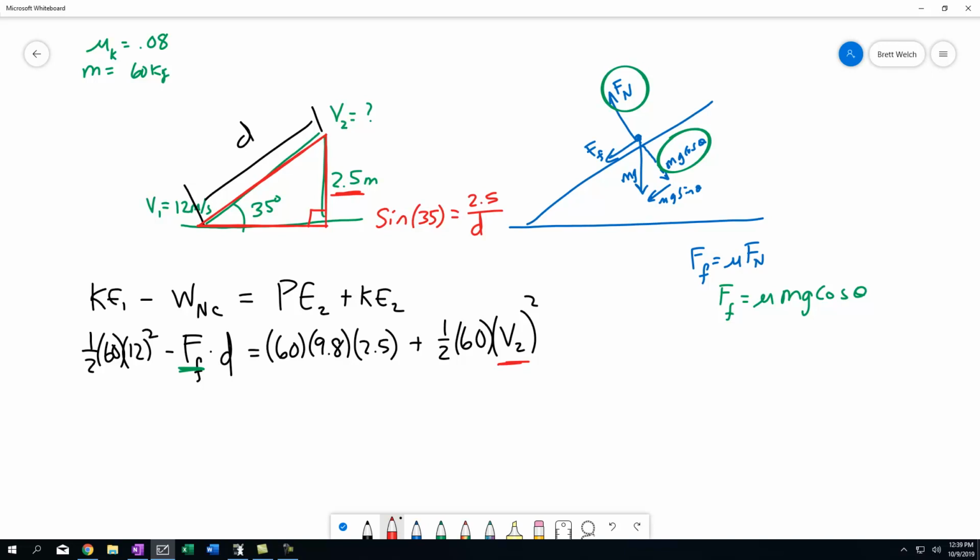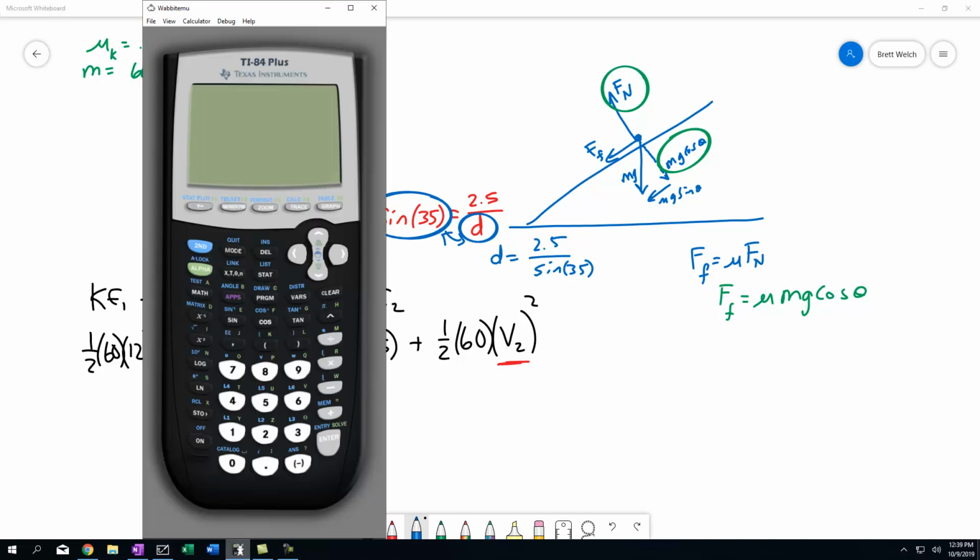And if you haven't been in my class before, let me just introduce you to one of Mr. Welch's favorites. When we have a problem like this, we're going to swap the sine of 35 and d to get d is 2.5 over sine of 35. I like to call that the old Welcheroo, a little switcheroo that goes on there. And so that can be calculated really quickly. There's a lot of this that could be calculated a piece at a time.